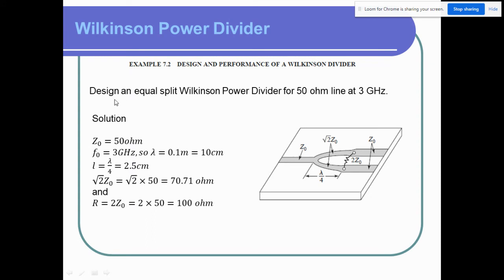It says that you need to design an equally split Wilkinson power divider for a 50 ohm line at 3 gigahertz. This is actually simple.